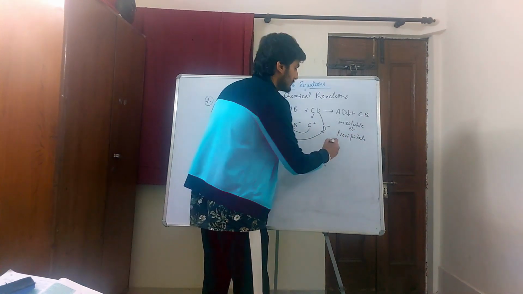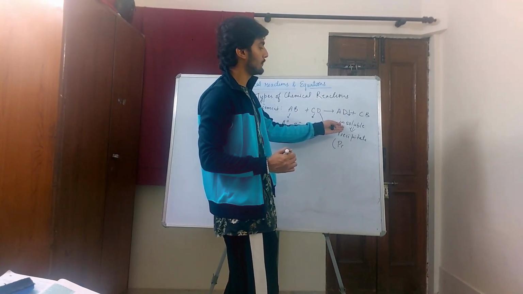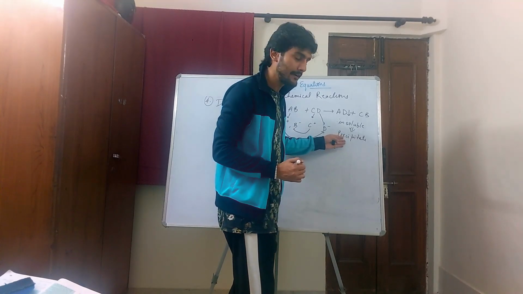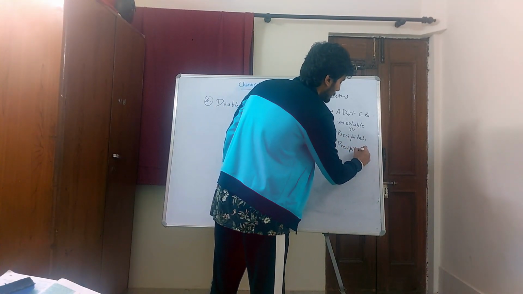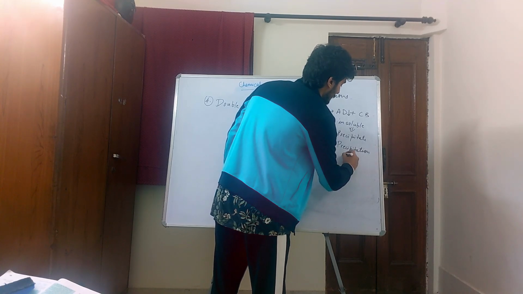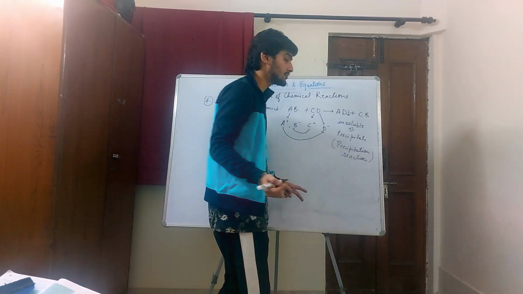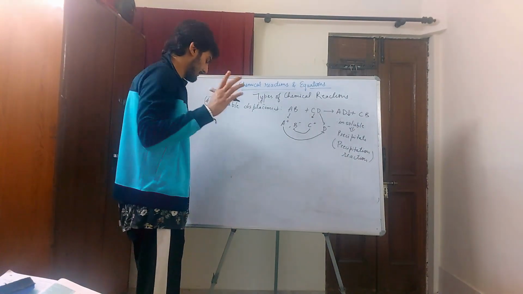And such reactions where an insoluble substance is formed, or a precipitate is formed, we call precipitation reactions. Not all of them are precipitation reactions, but most of them. I will give both examples, don't worry.